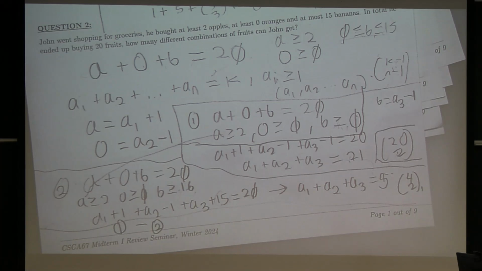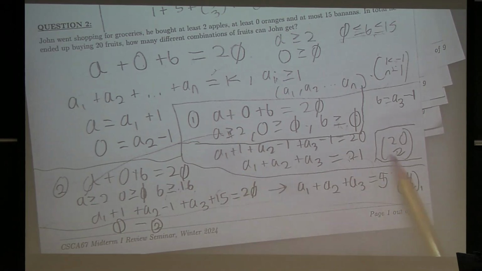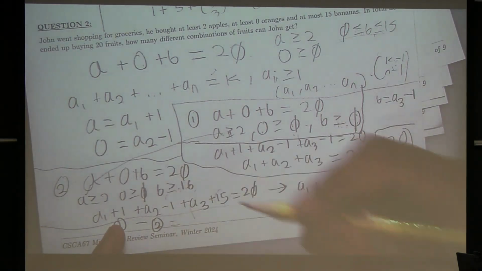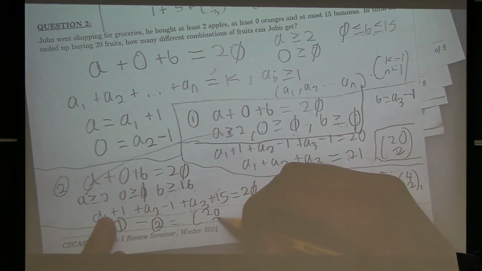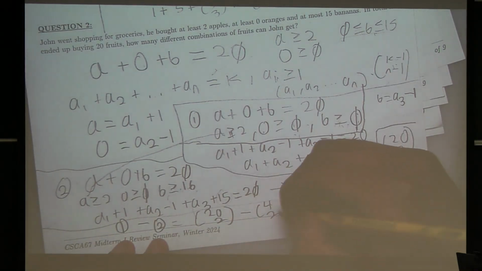So therefore, when we subtract these 2 equations, we have all values that are greater than or equal to 2 for a, greater than or equal to 0 for o, and b is in between 0 and 15. So we would have, in total, 22 choose 2 minus 4 choose 2 solutions.